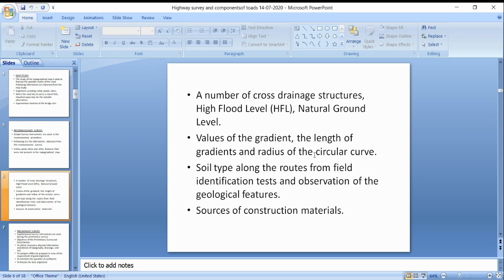For soil type we have to see the bearing capacity. Different soils have different capacity.